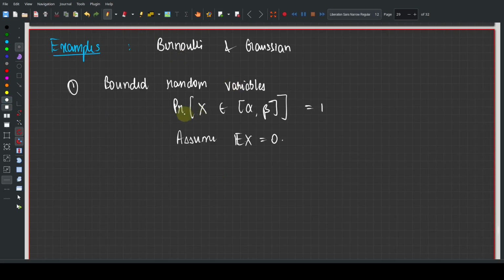But now let's look at a general bounded random variable. Let's suppose that x takes values in some particular interval between alpha and beta. And let's further assume that the expected value of x is equal to 0. What can you say about alpha and beta in this case?